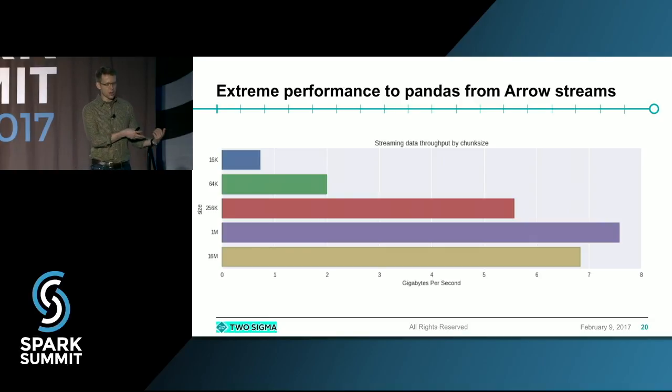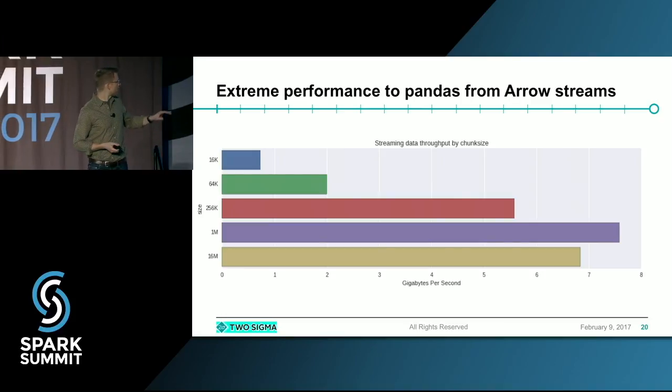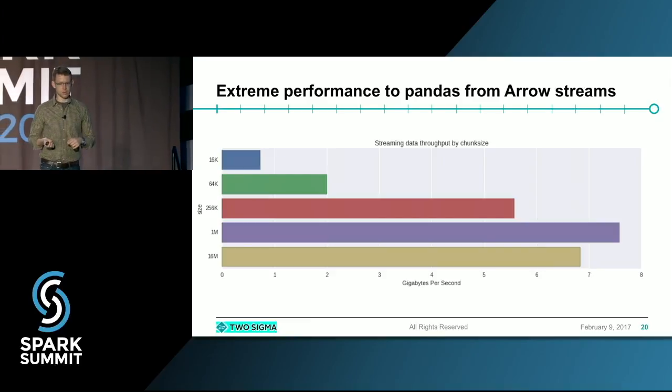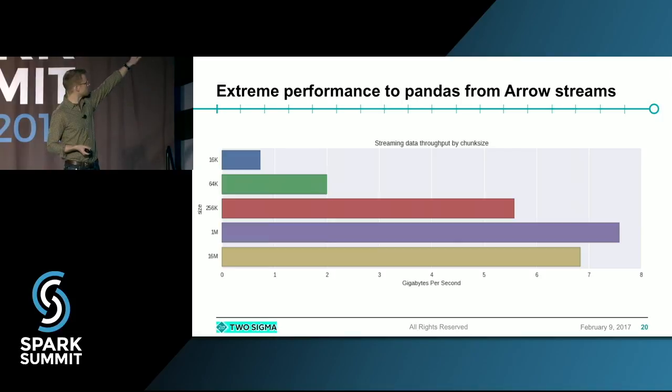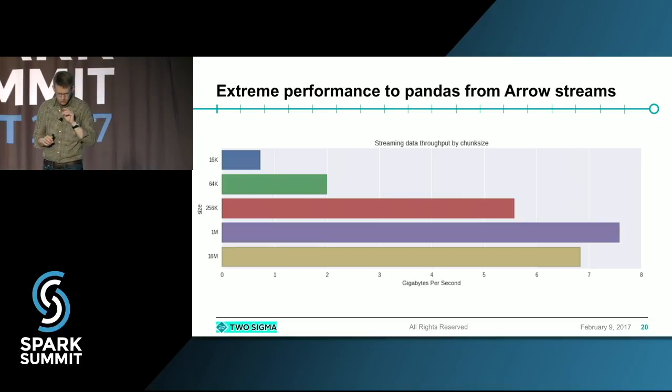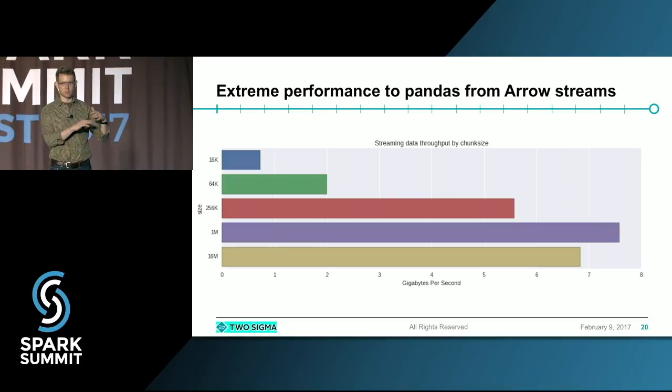And so the cost of transposing to column-oriented could be quite high. But I found that even breaking the data into chunks that are 256K in size, I was able to get over 5 gigabytes a second bandwidth converting to a pandas data frame. Now, if you make the chunks really small, around 16K, so that's a really small amount of data, your performance starts to degrade because the memory access patterns become more inefficient.